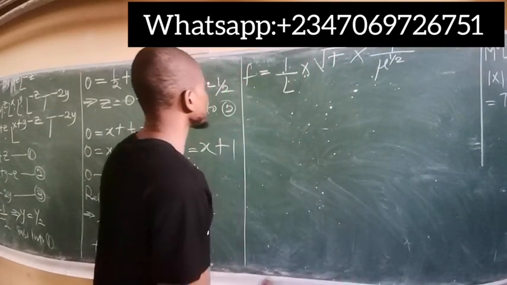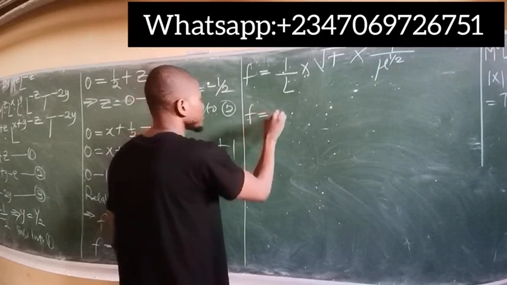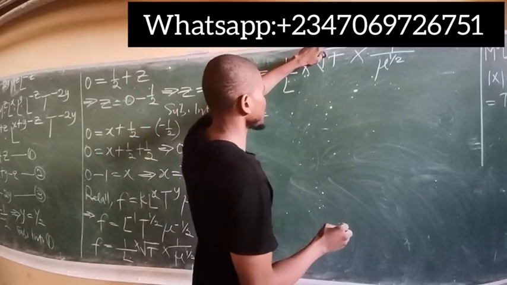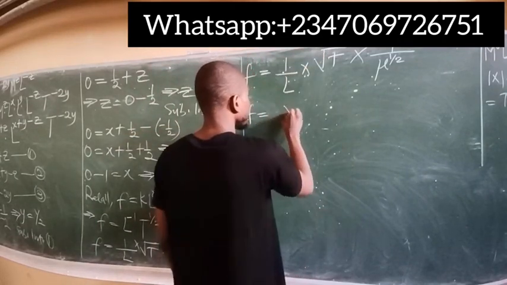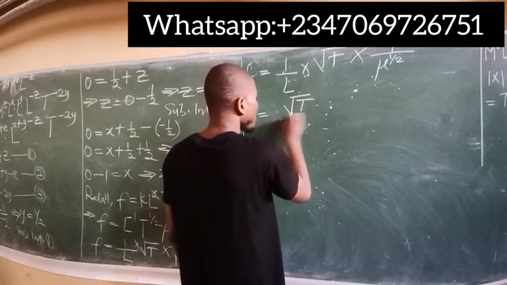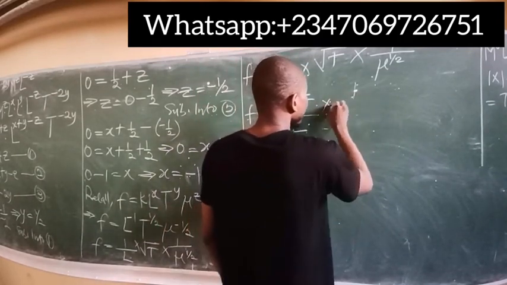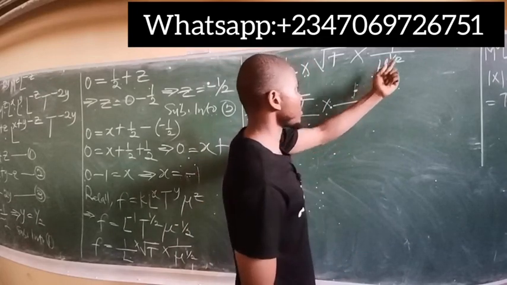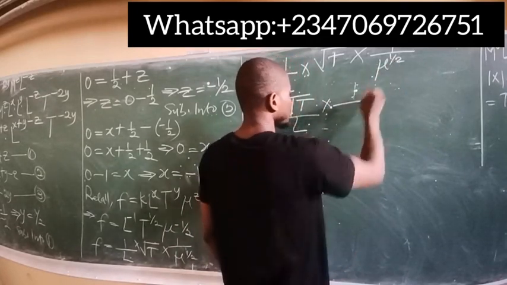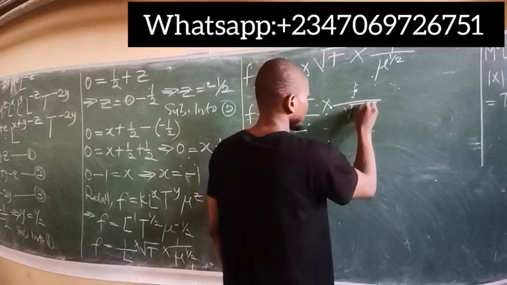So we can further rewrite this: 1 times root T simply gives us root T all over L, times, same thing here, 1 all over mu to the power of 1 over 2, which converting 1 over 2 to a square root gives root mu.